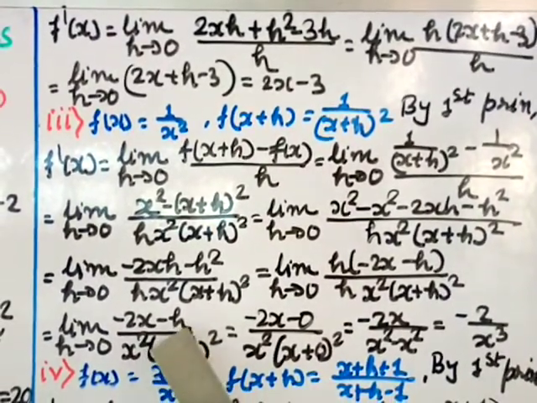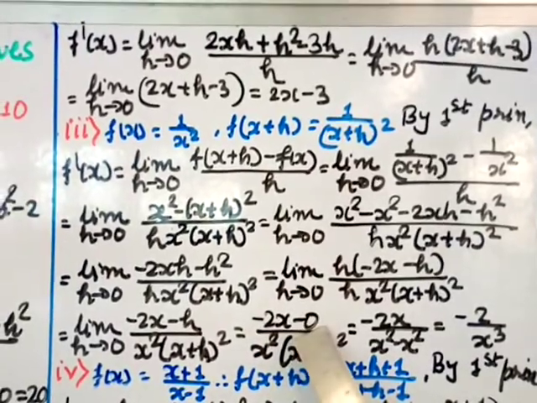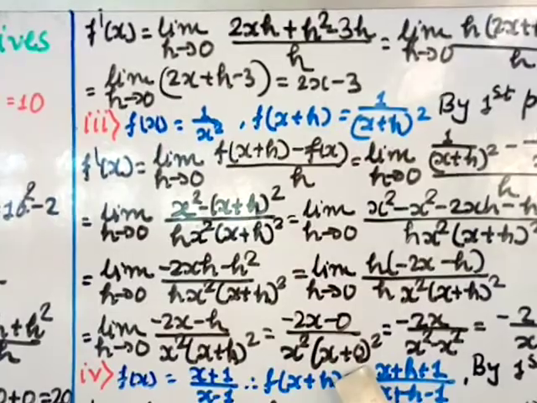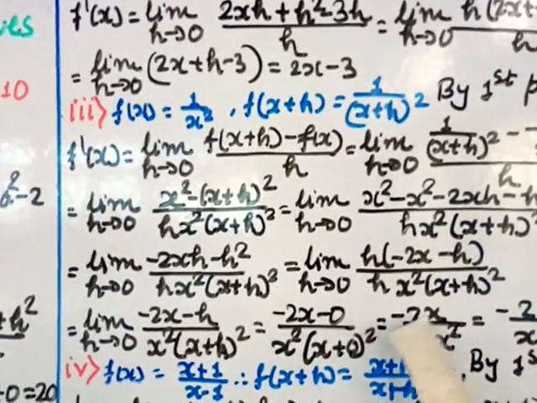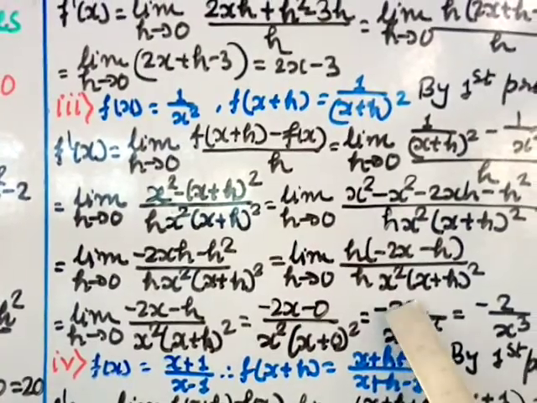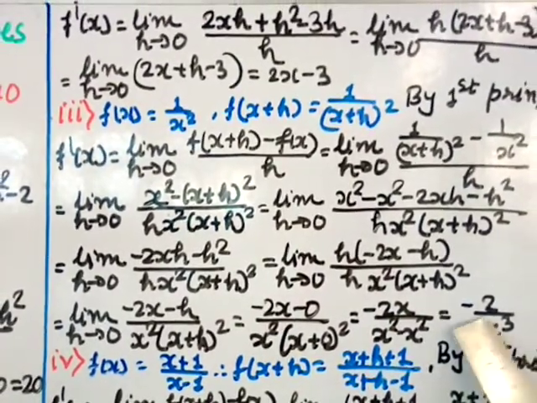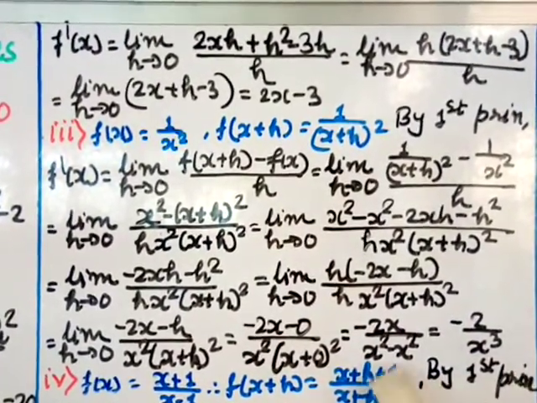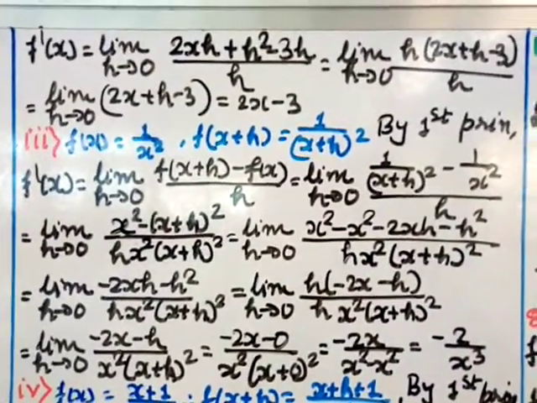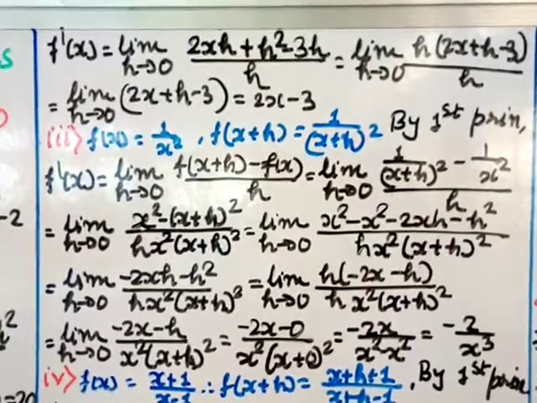Apply the limit, so here 0, so minus 2x minus 0 divide by x square into x plus h is 0, so 0 whole square, equal to minus 2x, here x square, here x plus 0 is x square. Okay, so one x you can cut, so you get here equal to minus 2 divided by x cube. Here remains x cube. So that is the solution for Roman number 2. Sorry, it is Roman number 3.